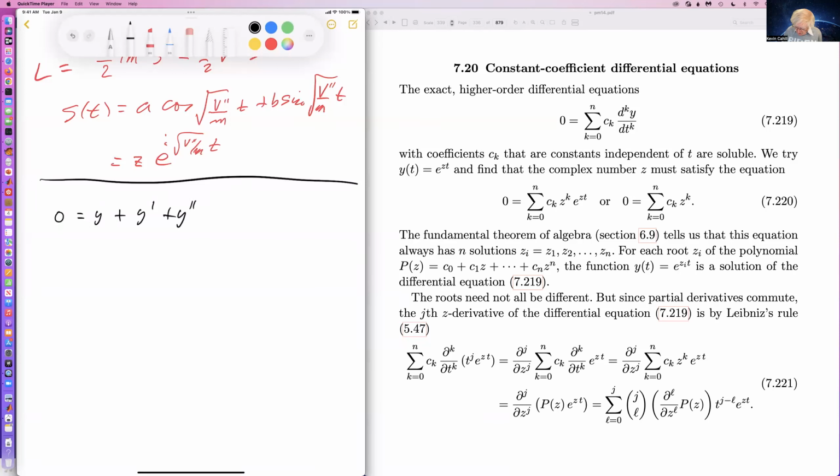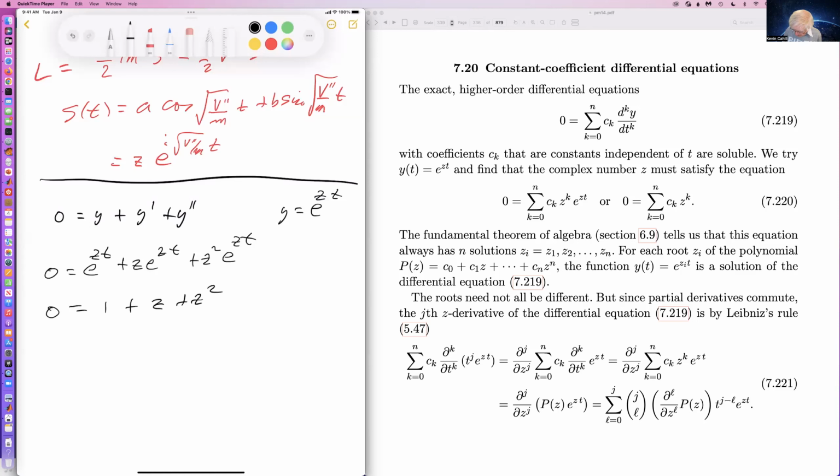So then what would we do? We would say y is equal to e to the zt. So we'd have 0 equals e to the zt plus z e to the zt plus z squared e to the zt. We factor out e to the zt and we get 1 plus z plus z squared.